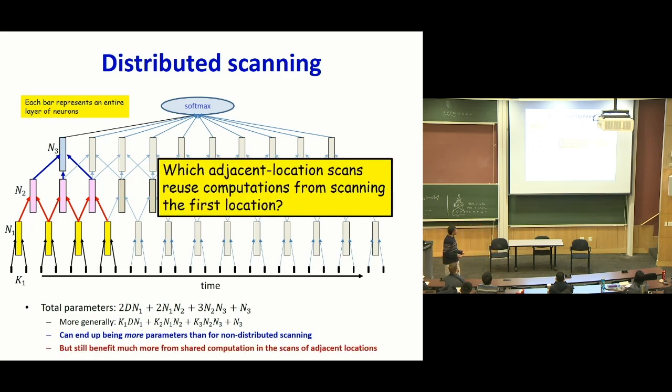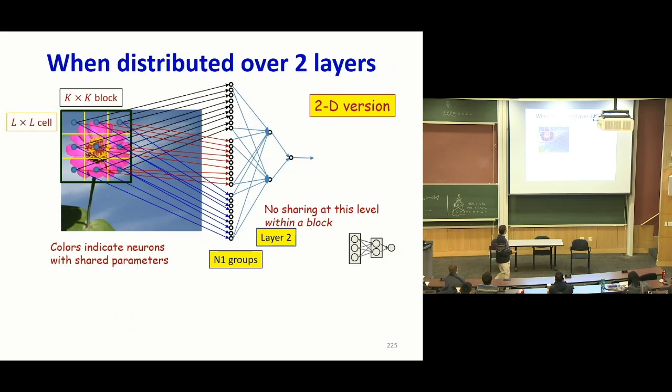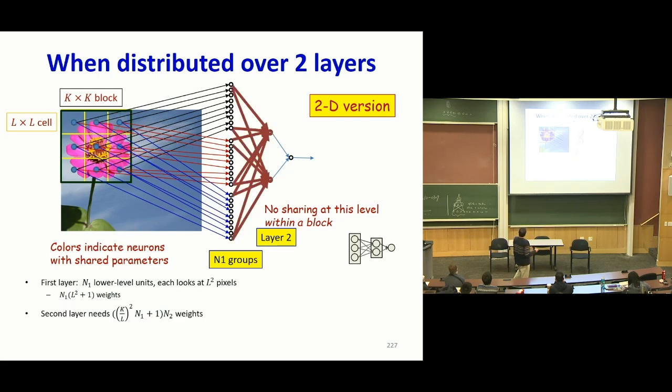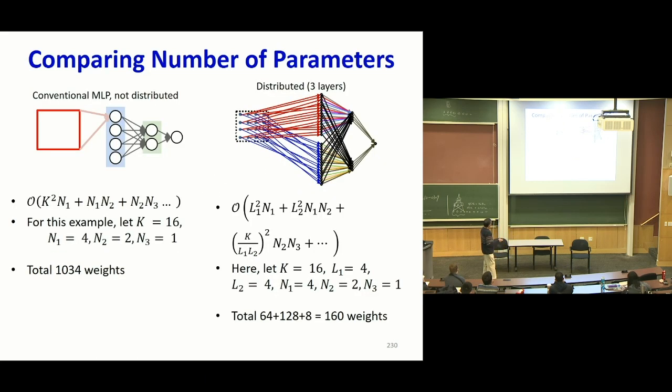So if you actually look at the kinds of numbers you end up with, I'm going to skip these slides because this is the same thing being explained for the 2D case. So I'll let you go through this in the slides. It's not so hard. But here's what happens. If I was scanning using a conventional MLP, in this particular example, I get 1034 parameters.